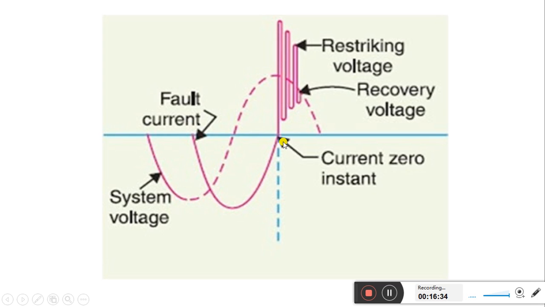So what happens is that when this fault current reaches zero current position, this is the current zero stand. At this current zero stand, high frequency oscillations are developed, and these consist of a voltage that is called the restriking voltage.